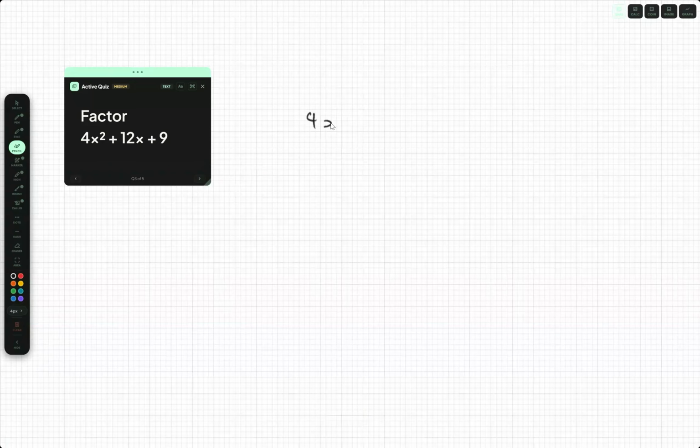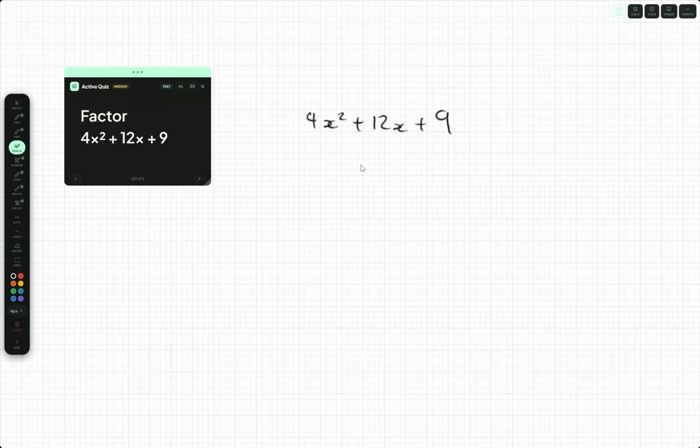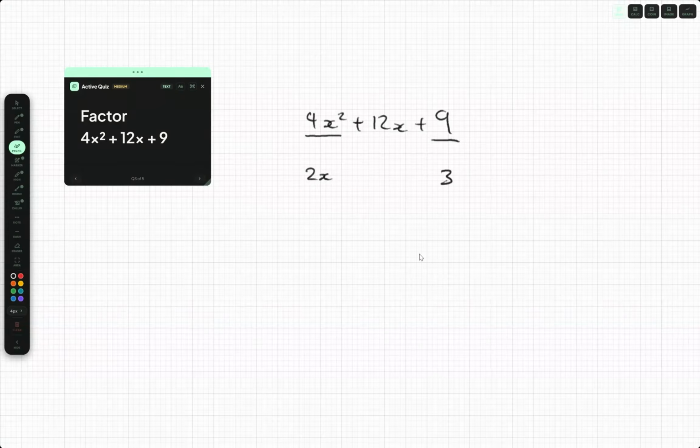We have 4x squared plus 12x plus 9. Okay. Is this term something squared? Yes, it's (2x) squared. If I square the 2, I get 4. If I square the x, I get x squared. Is this third term something squared? Yes, it's 3 squared.